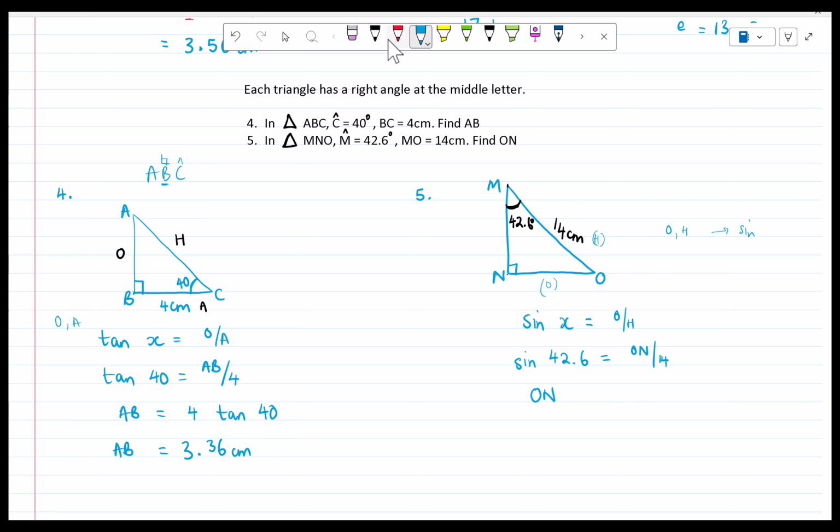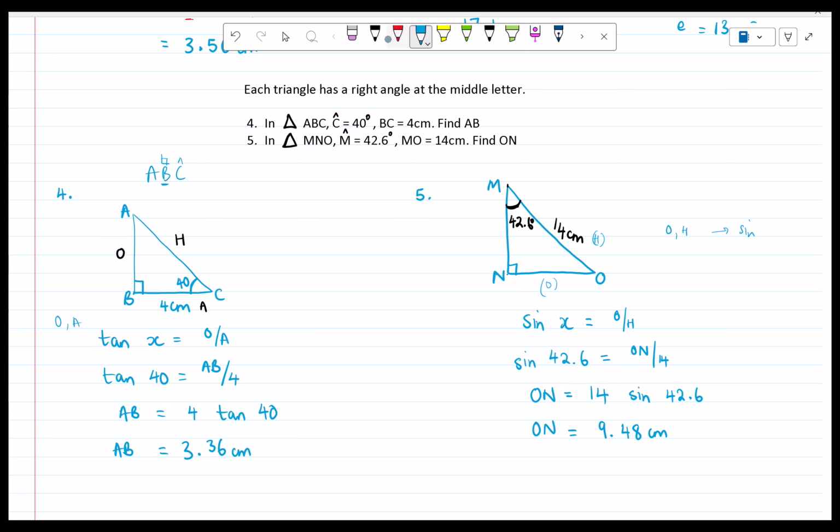So to find ON, we are going to say 14 multiplied by sine 42.6. And if we round it off to 3 significant figures, we get our ON as 9.48 centimeters. This is the value of the side ON.